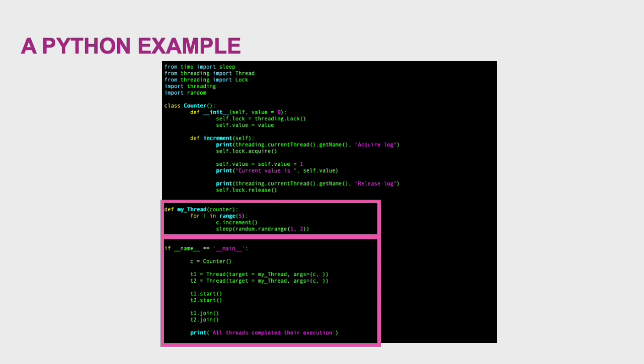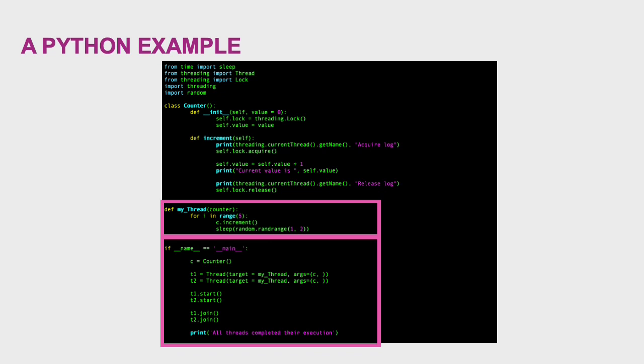And here, the definition of the business logic of the threads. We have our familiar myThread function that takes in an argument, the counter object. We will see later how it's defined.